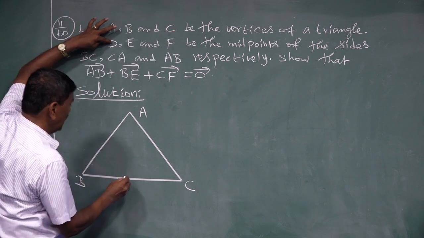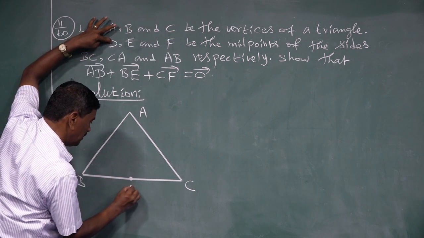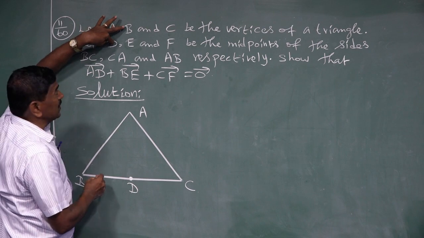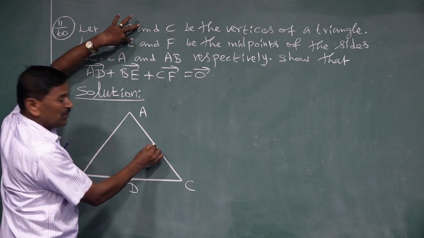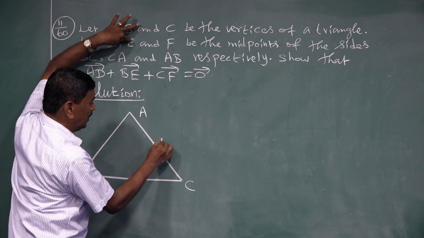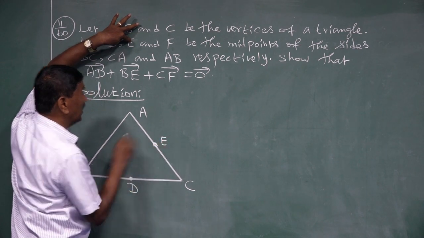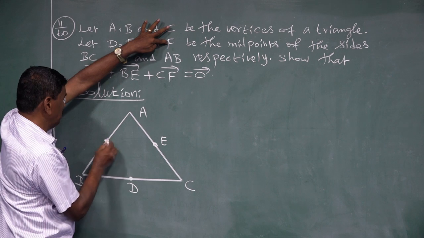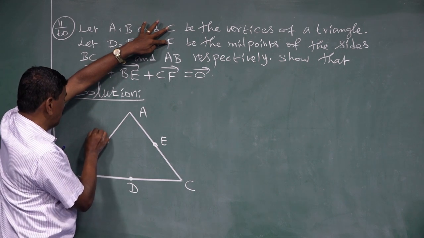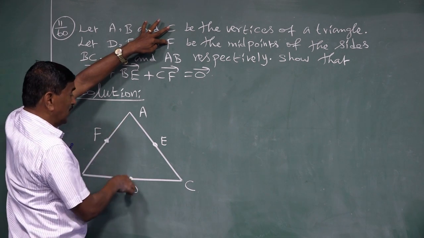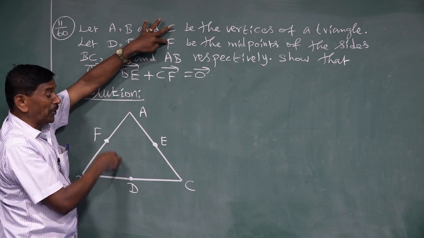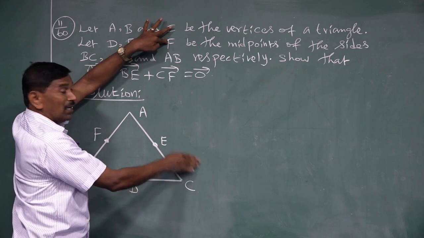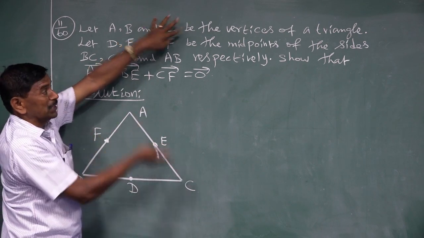So D, E, F be the midpoints of the sides BC, CA and AB respectively.